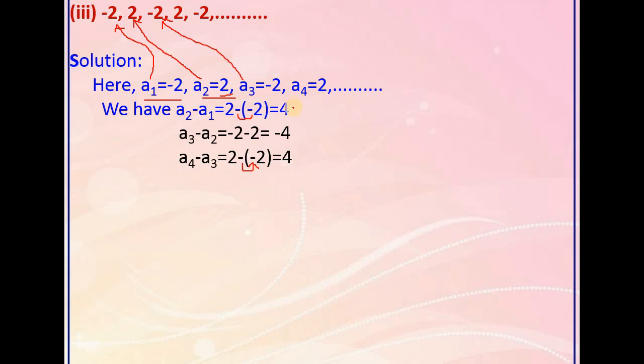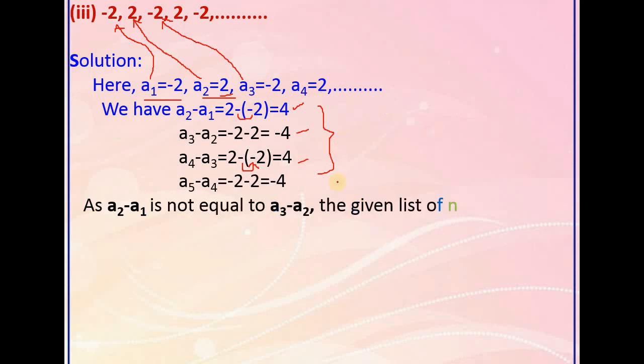See the common difference. Here we got plus 4, here we got minus 4, here we got plus 4. So the common difference is not the same. What can we conclude? We can conclude that a2 minus a1 is not equal to a3 minus a2. Here a2 minus a1 is plus 4 and a3 minus a2 is minus 4.